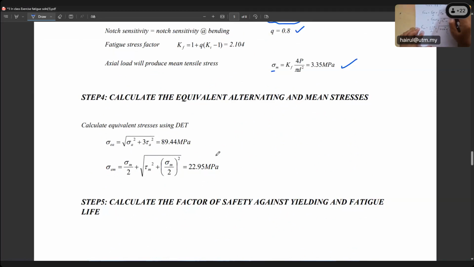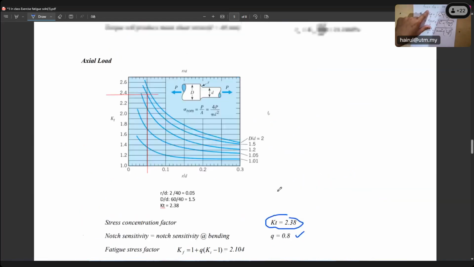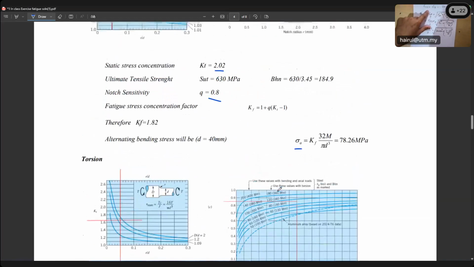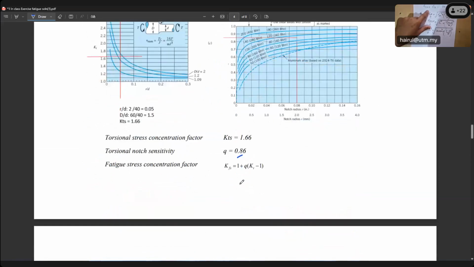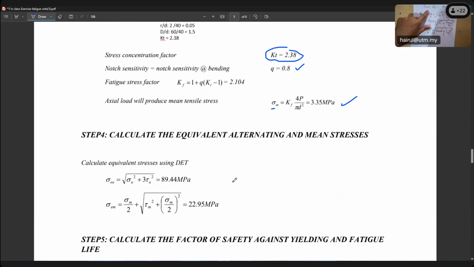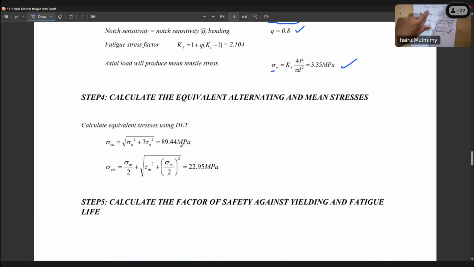Sigma EA, why is it 89.44? Just check. Sigma bending just now was how much? 78.26. Sigma EA 89. Okay, tau alternate, we don't have tau alternate.